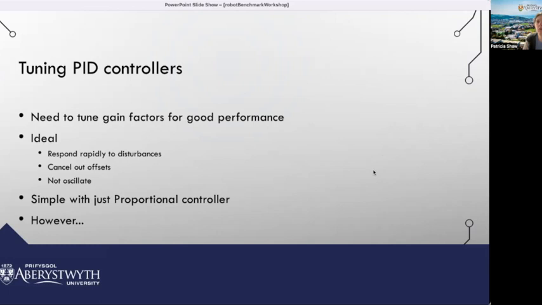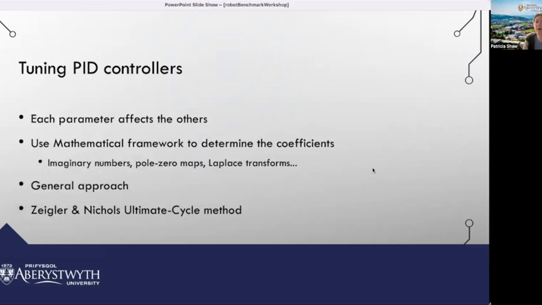However, if we're trying to tune the full PID controller, then there are three parameters, and unfortunately all three of those parameters interact with one another. So if you adjust one, it has an impact on the control for the other two as well. It's not possible to tune all three parameters completely independently and then have a fully tuned controller. We actually have to tune them together. And so this becomes quite a challenging problem.